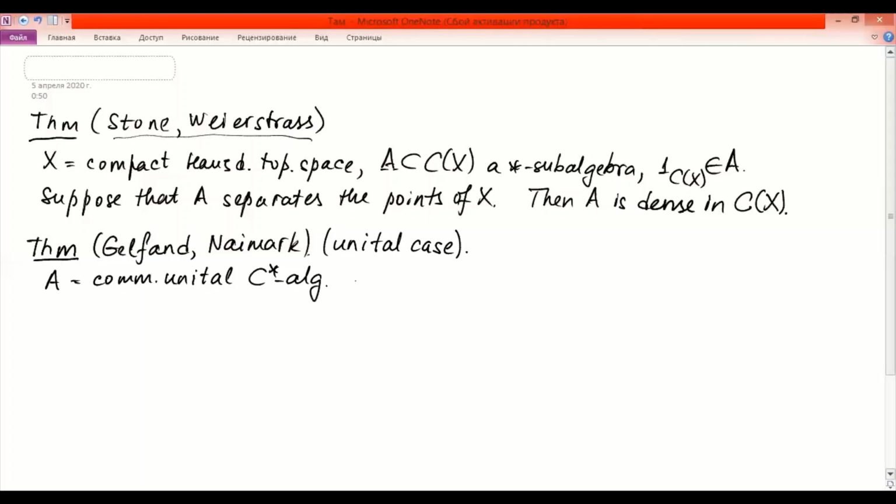Then the Gelfand transform of A is an isometric star isomorphism.